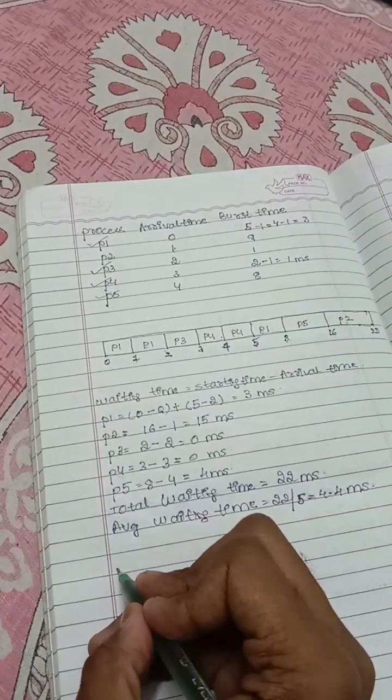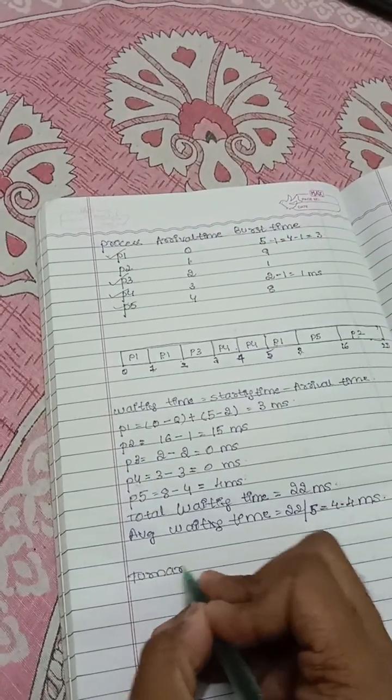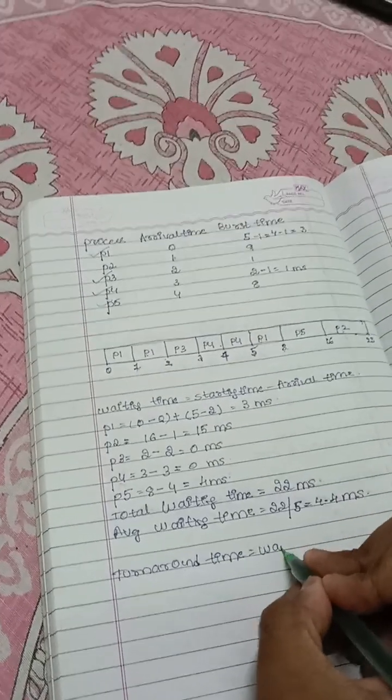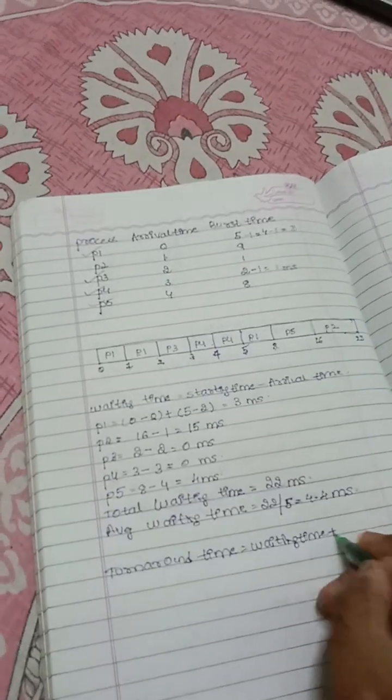Now let us calculate turnaround time for each and every process. Turnaround time is defined as waiting time plus burst time.